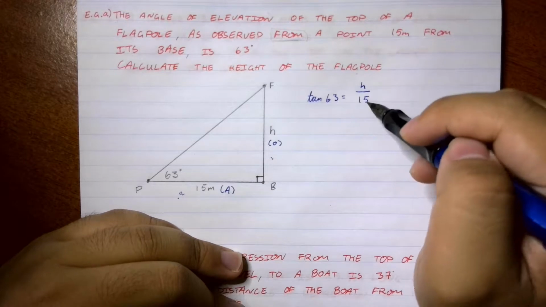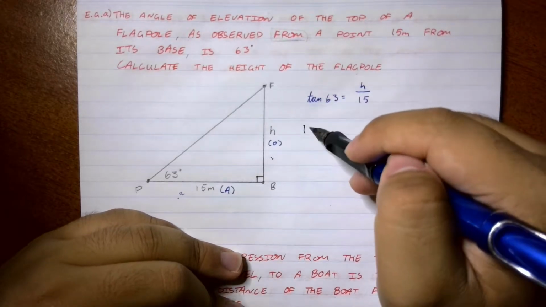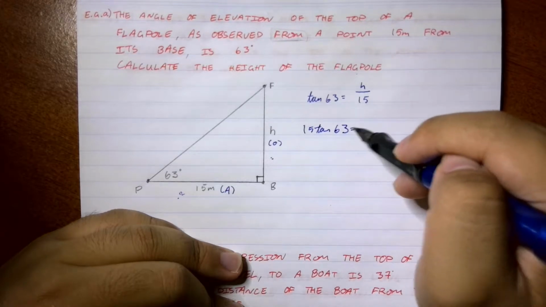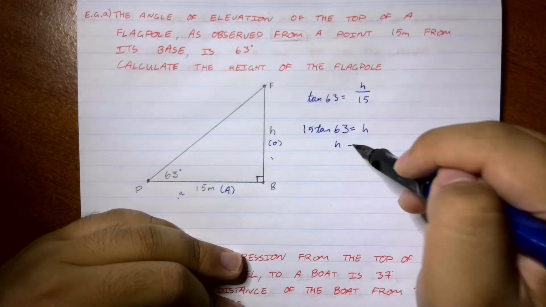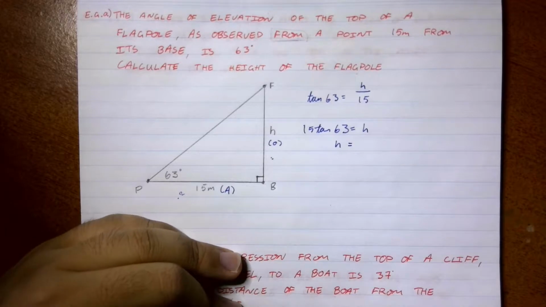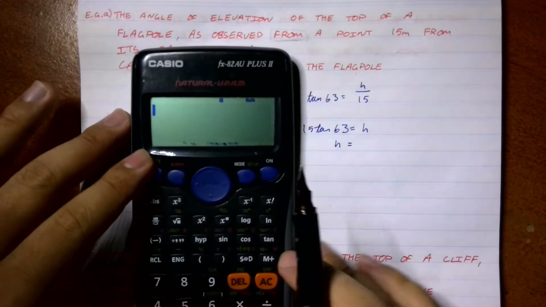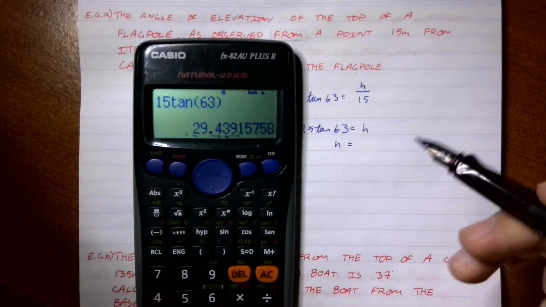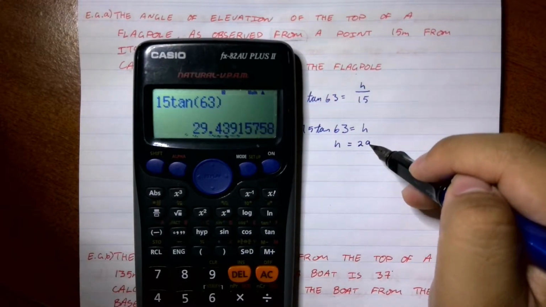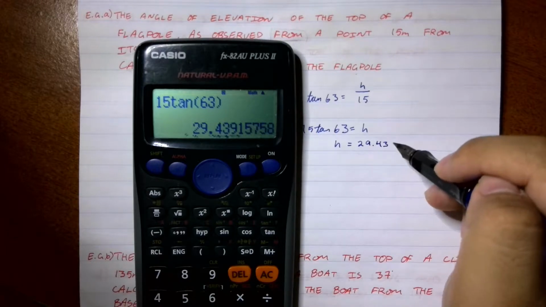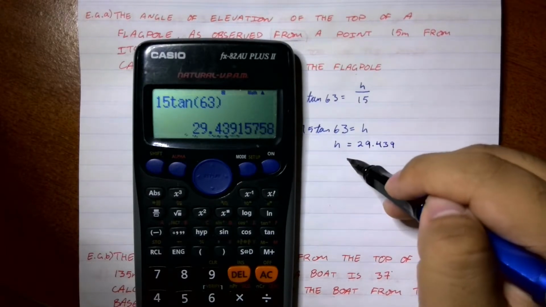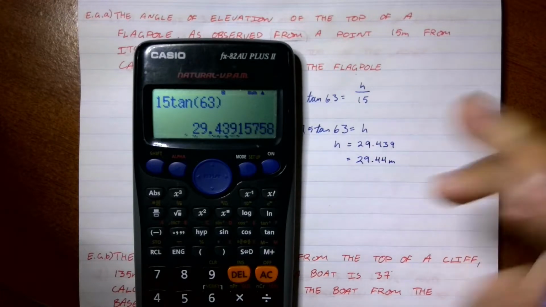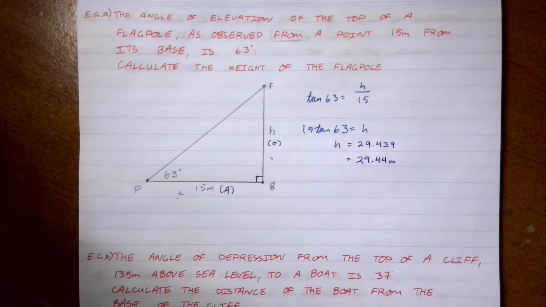As you've seen this before, we can multiply both sides by 15. We get 15 tan 63 is equal to H, and H is equal to, inputting it into our calculators, 15 tan 63 gives us 29.439, and let's round this off to 2 decimal places, 29.44 meters.